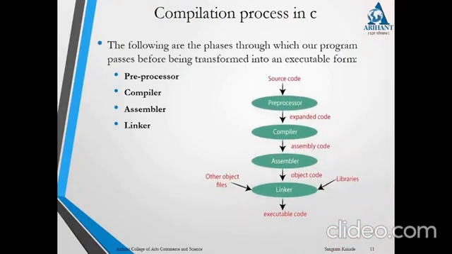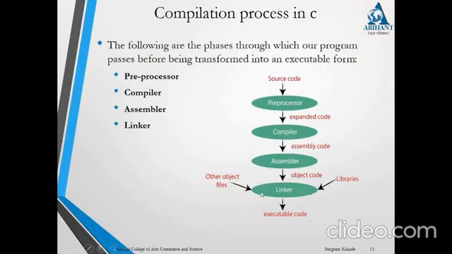This is the diagrammatic explanation of the phases and what exactly happens to your code. It shows that the source code goes to the preprocessor, which expands the code, and then the expanded code is sent to the compiler. Then the compiler generates the assembly code. Then the assembly code is passed to the assembler, which creates an object code.